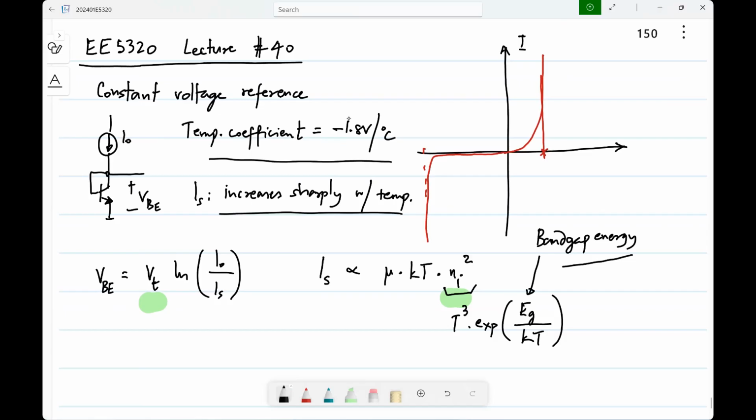By the way, instead of writing it like this in terms of energy, we can also write it as a voltage, which I call the band gap voltage. It's the same energy gap divided by q, the electron charge, divided by Vt, which is the thermal voltage we are familiar with, right?